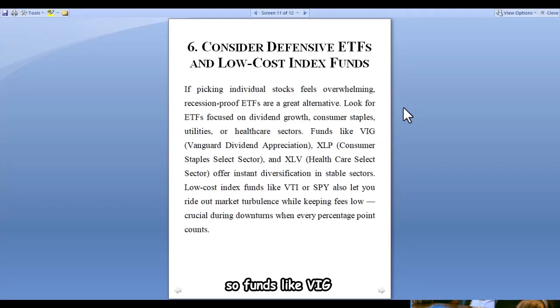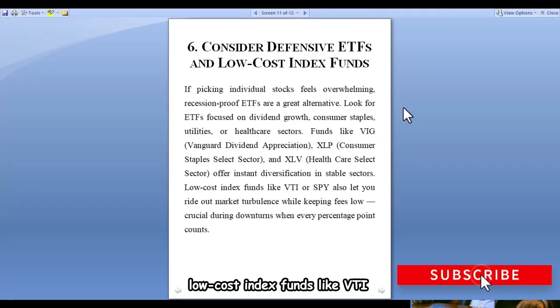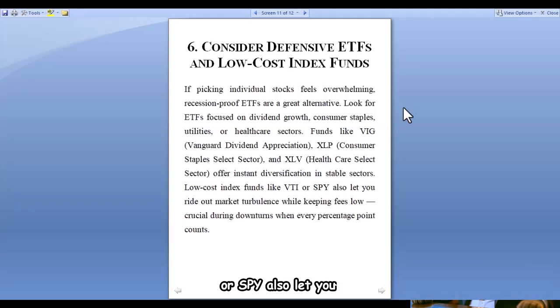So funds like VIG, XLP, and XLV offer instant diversification in stable sectors. So low-cost index funds like VTI or SPY also let you ride out market turbulence while keeping fees low. So crucial during downturns when every percentage point counts. So keep that in your mind.